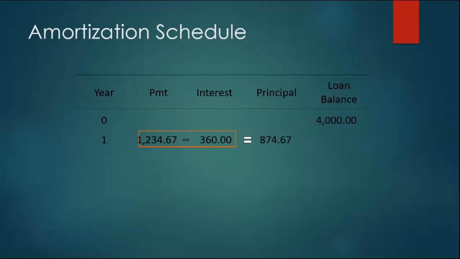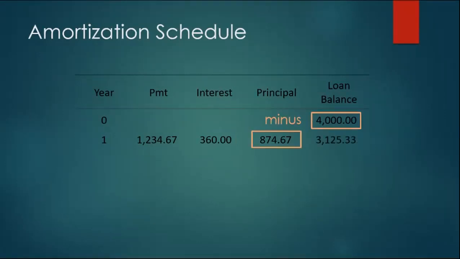So in the first payment you have paid 874.67 to the bank as the loan adjustment, and the last part is the loan balance after making the first payment. So this is 4000 minus 874.67, and you will get the loan balance of 3125.33 after making the first payment.